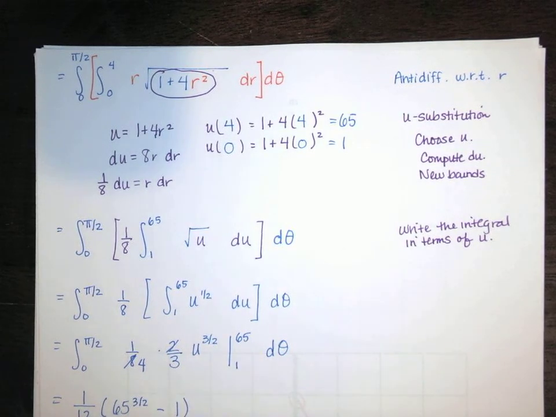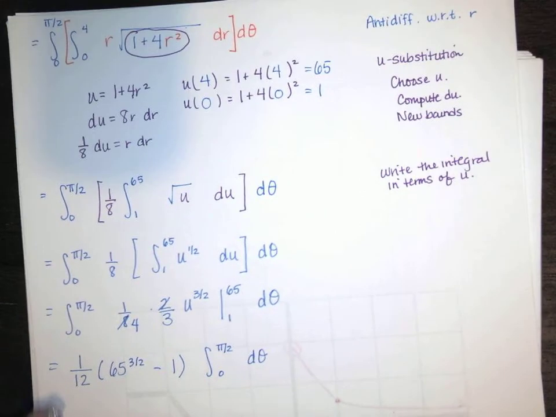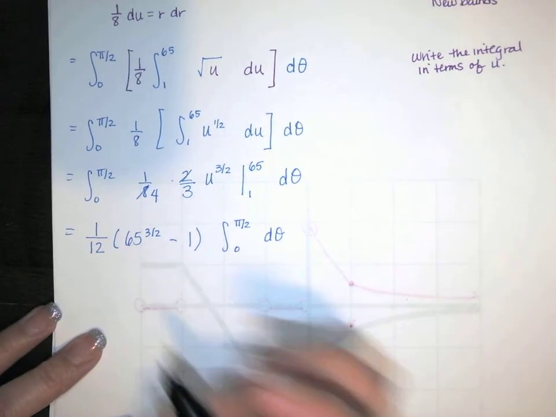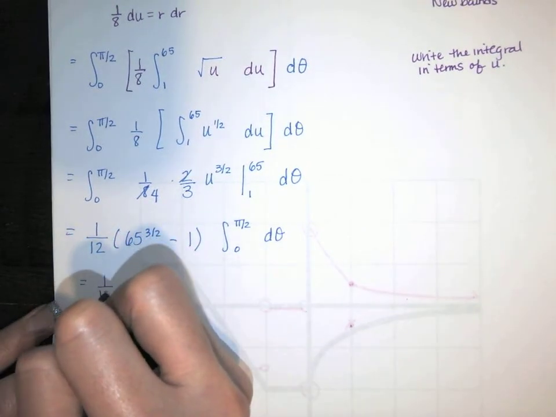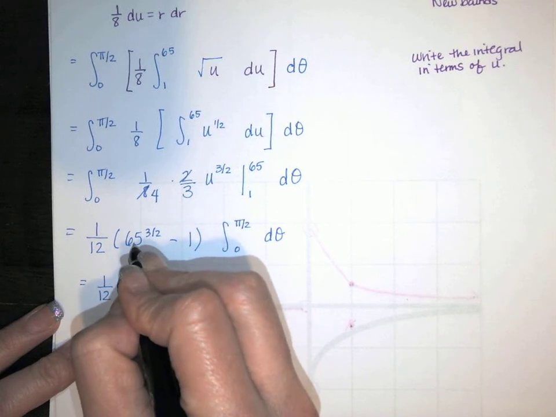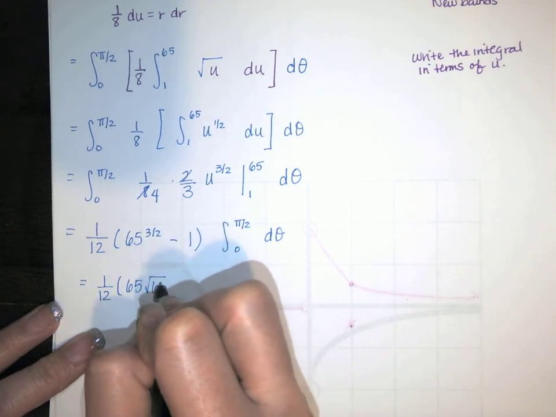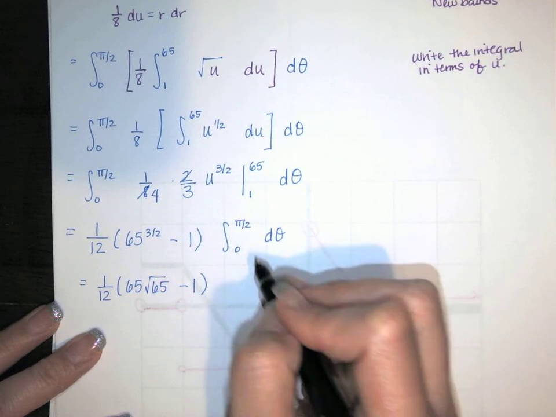I'm factoring all of that out because it's all constant with respect to theta. So I just end up with the integral of 1 with respect to theta. So that's just theta. And any number to the 3/2 is that number times the square root of that number, as we discussed earlier.